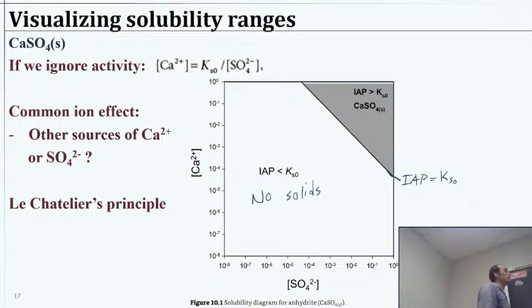So if you were in a lab trying to dissolve some calcium sulfate, let's say to get some calcium, but you're doing this in a solution that already had some other form of sulfate in there, then you're more limited because you already have a whole bunch of sulfate already. So if you've already pushed this to one direction, then you are more limited to the amount of calcium you can get in the solution before you get some dissolution, right?